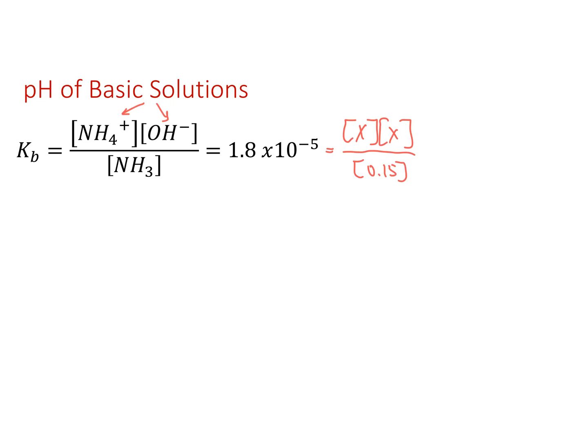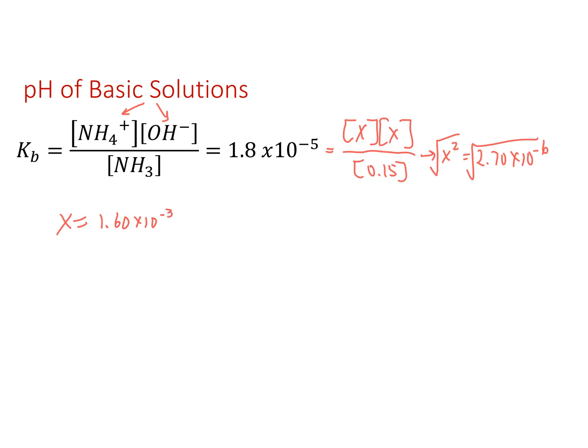So multiply the 0.15 across, and I'm left with X squared equals 2.7 times 10 to the minus 6. So I'm going to take the square root of both sides to get X by itself, and I'm left with X equals 1.6 times 10 to the minus 3.